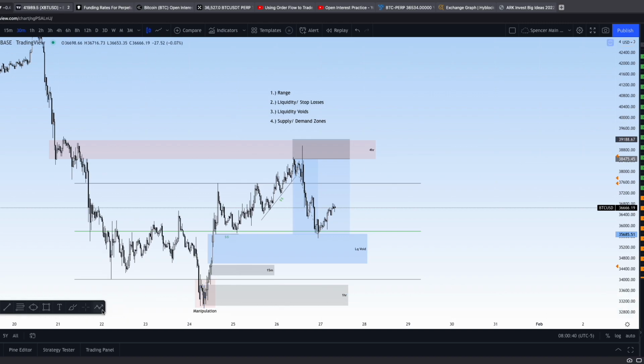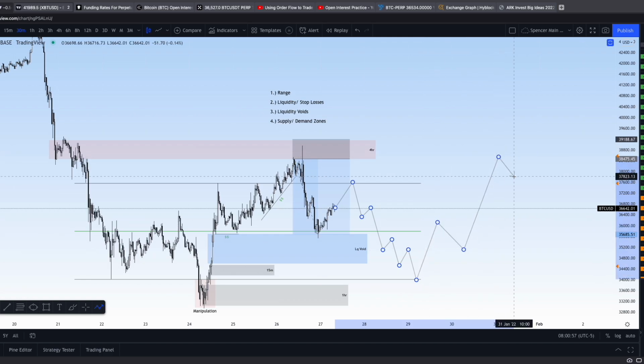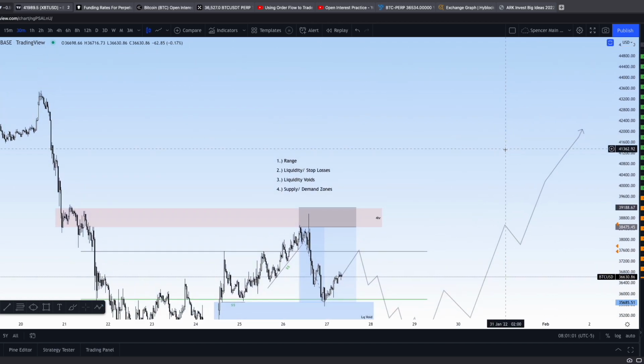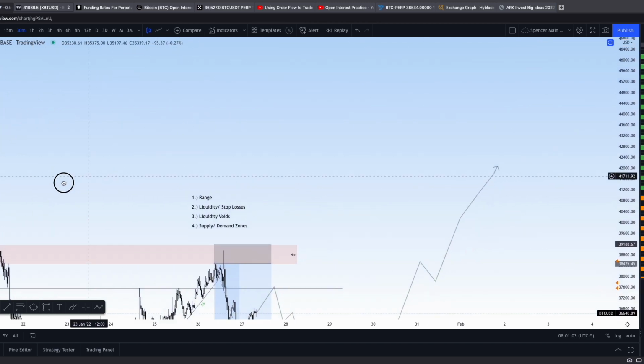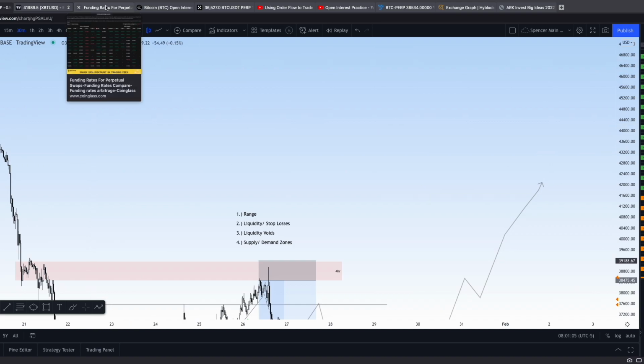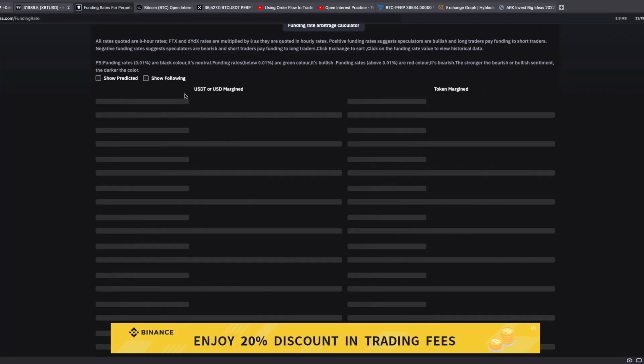And if I was to guess, just throw my hat in, we might get a retest of this high, and then filling in this void right here through the weekend into possibly next week, starting to take out some of these stop losses of these shorts, because we are net short overall.